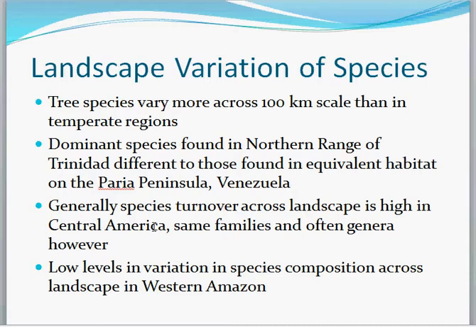So the plots which you measure may have a lot of species in them, over 300 species in some cases, but if you go 100 kilometers in the other direction, you're going to find pretty much the same species in your sample area. So there tends to be fairly low beta diversity.